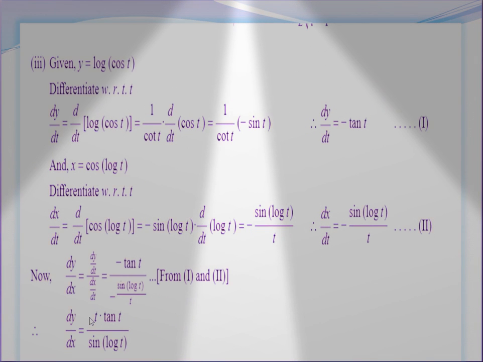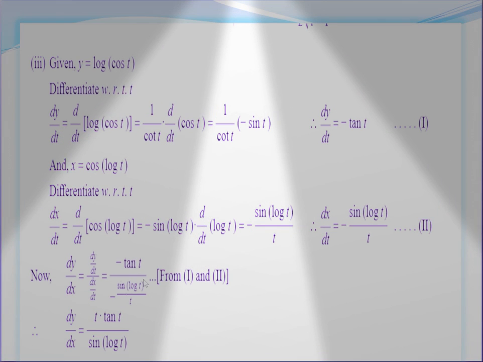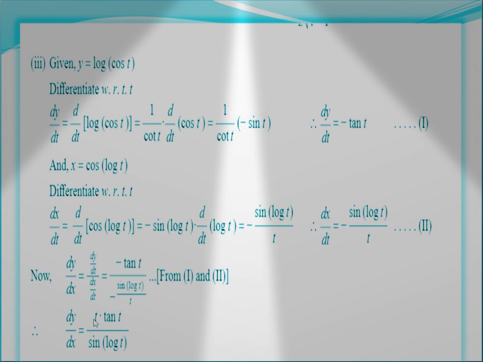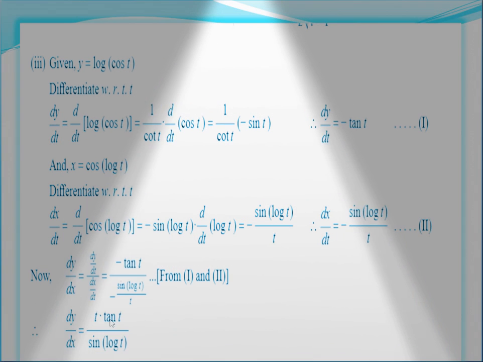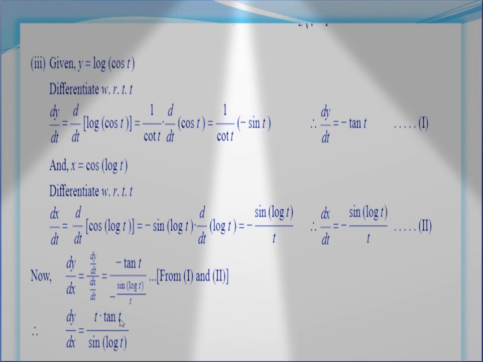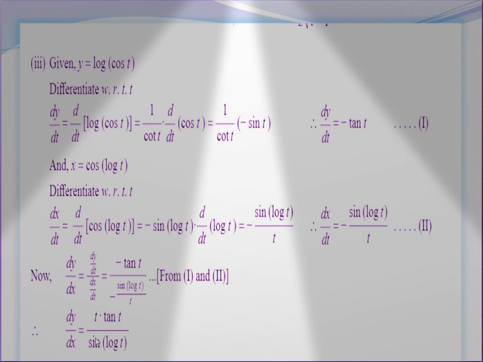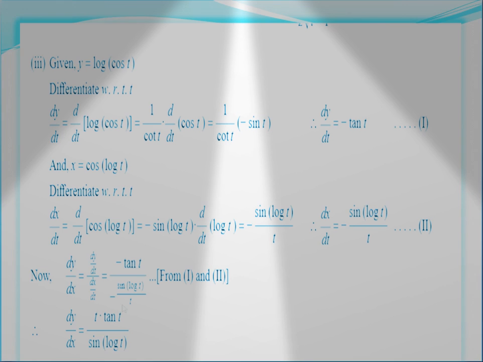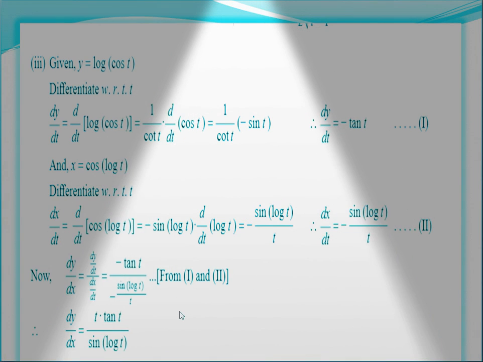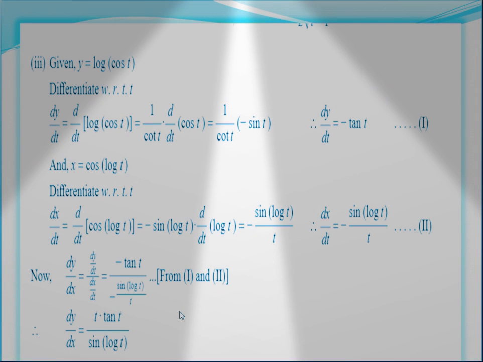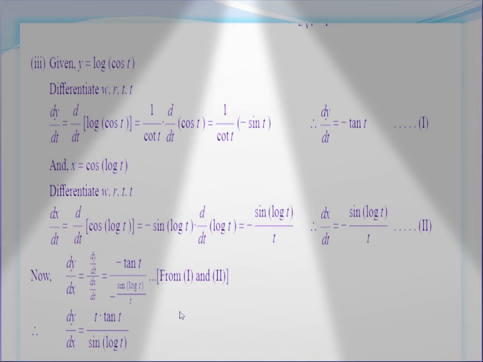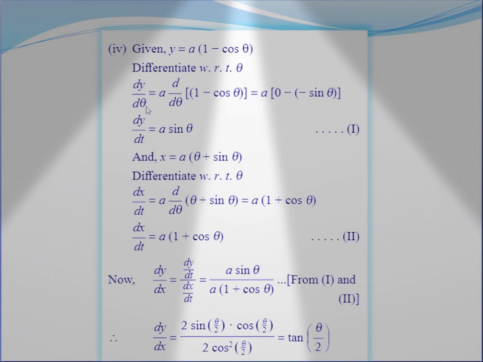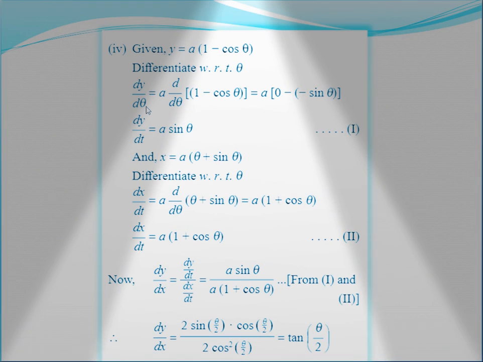Taking the reciprocal of the denominator term sin of log t upon t, we get dy upon dx is equal to t into tan t upon sin of log t. This is the answer for example number 3: dy upon dx equal to t into tan t upon sin of log t. Okay. Now we see the answer for example number 4.